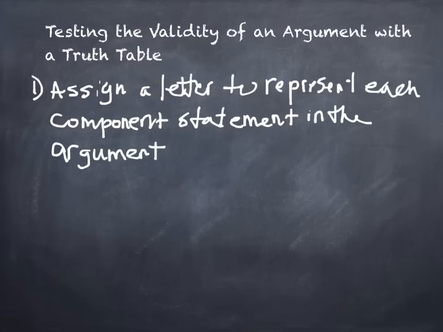So this is something we've already done. Prior to this, you've been given letters and told what those statements each are, right? And then you've turned words into other things. Now you're going to be picking the letter that means that statement. Okay, so that's all it's talking about.